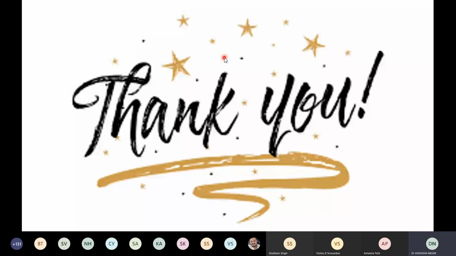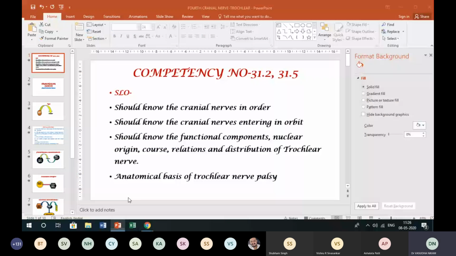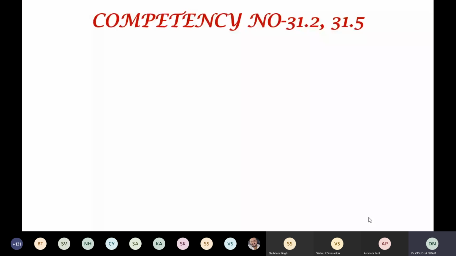Now we'll go towards the trochlear nerve. Okay. So we'll start with the trochlear nerve. So here we are going to complete again the same competencies, that is 31.2, 31.5.